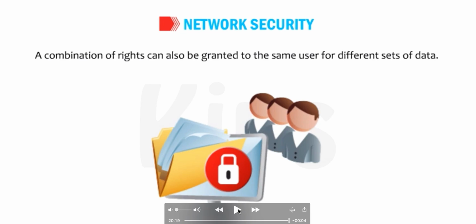Network interface card, Ethernet hub, switch and network cables, modem, wireless network interface card, router, switch and hub. Next concept is different types of networks: PAN, WAN, MAN and LAN.